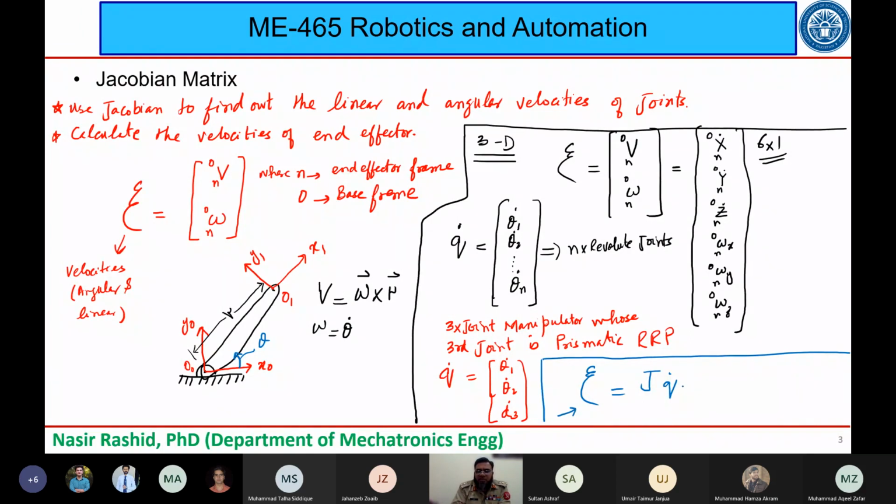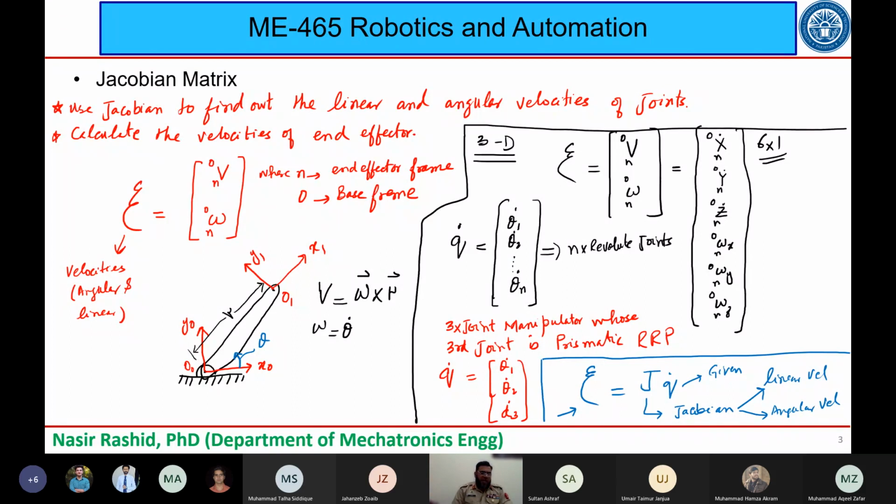So given this, if we are able to find the Jacobian, we will be able to find the linear and angular velocities. So this is what we are going to do today.